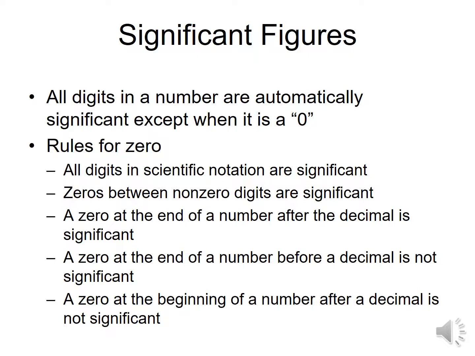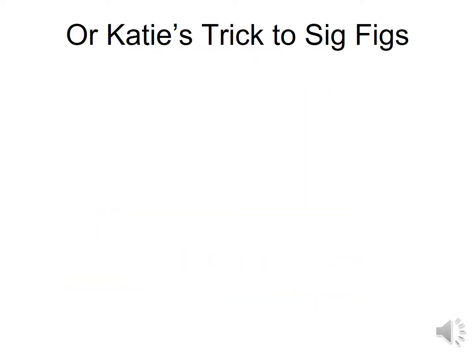Zeros in scientific notation are significant figures. But zeros at the end of large numbers, like 400,000, those zeros are not significant figures. And then zeros at the beginning of very small numbers, 0.0007, those zeros are not significant figures. They're just placeholder zeros. They're not measured zeros. So that could be a little confusing.